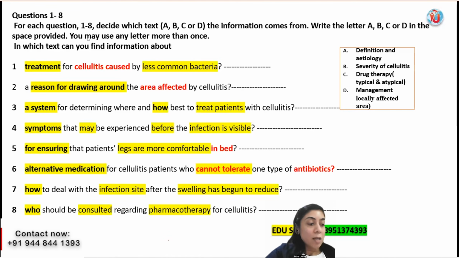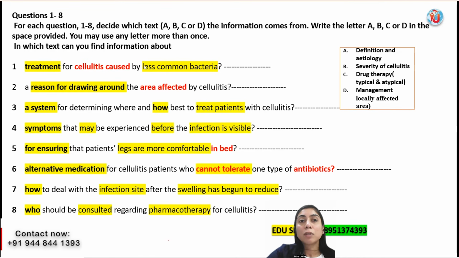So you can answer the question. The first one is, while I am reading, you can answer your questions. Okay. Treatment for cellulitis caused by less common bacteria. Always remember the sequence of the 4 texts.